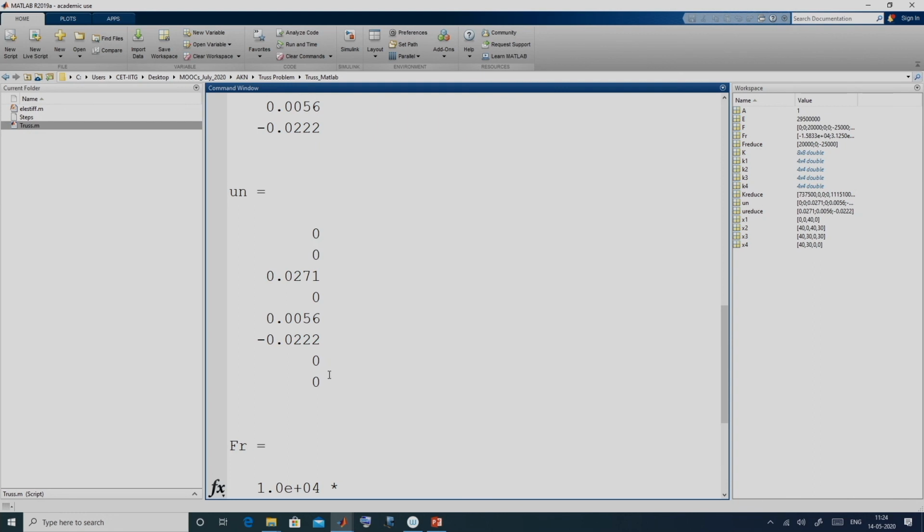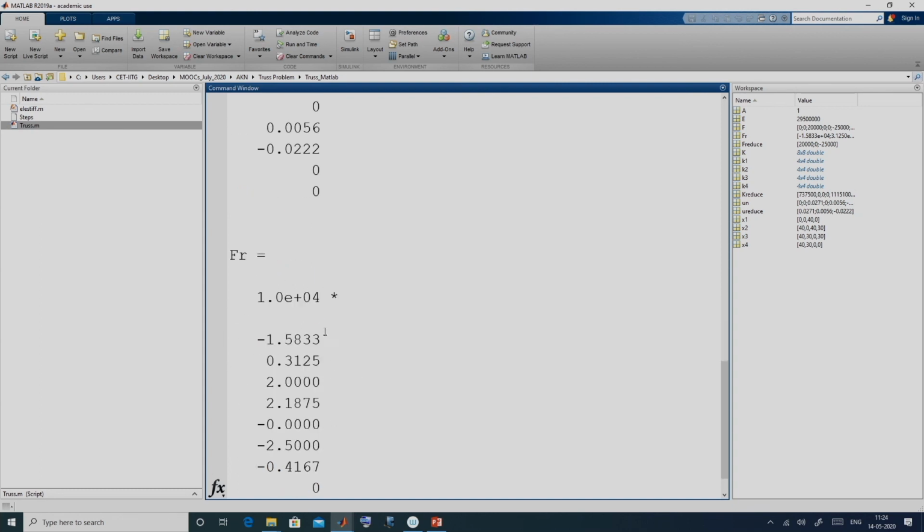If you operate the global stiffness matrix on this, you get this reaction force, where you can see F3 and F6 are the known values, and F1 is the reaction force at node 1 in x direction, F2 the reaction force at node 1 in y direction.